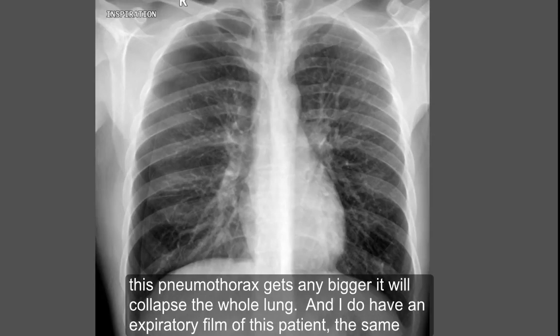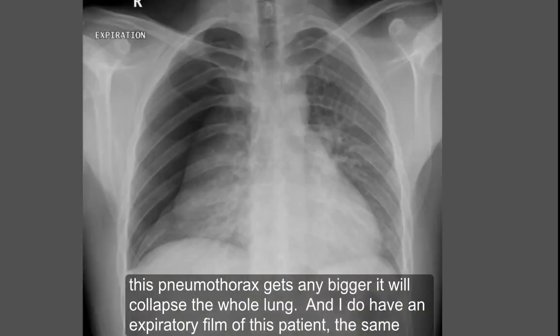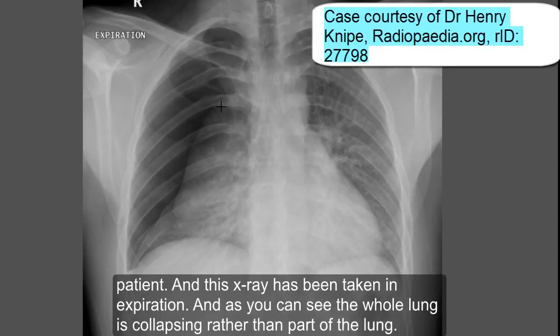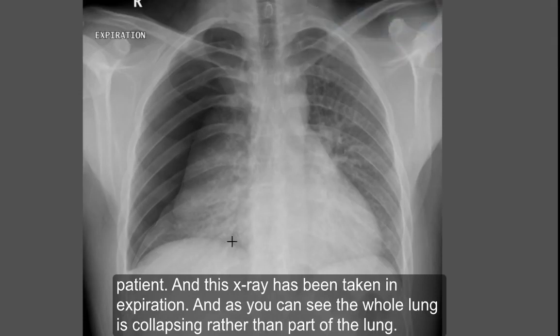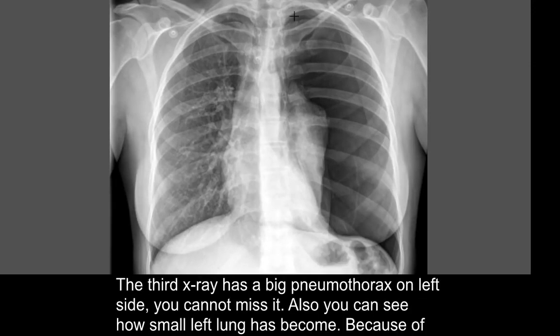And I do have an expiratory film of this same patient, and this x-ray has been taken in expiration. As you can see, the whole lung is collapsing rather than part of the lung. The third x-ray has a big pneumothorax on the left side in the left lung. You cannot miss it.